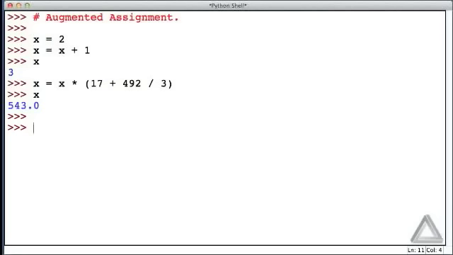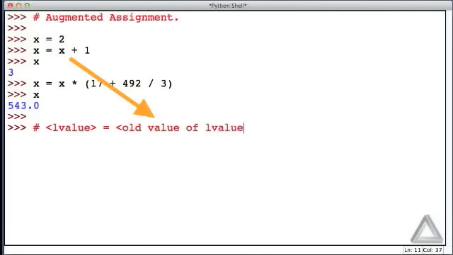Those expressions above where we update the value of x, in general they look like an L value to the left of the assignment operator, and then to the right we have that same identifier again. So that yields the old value of the L value.